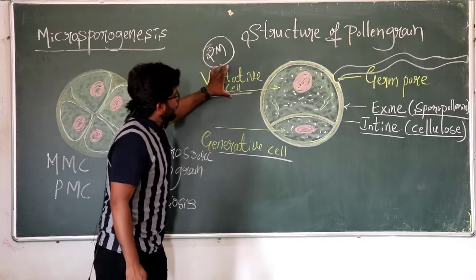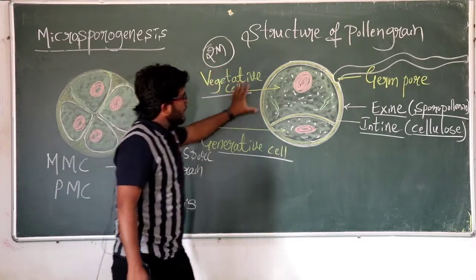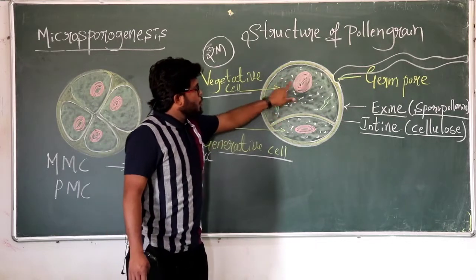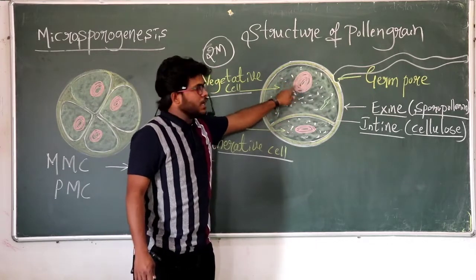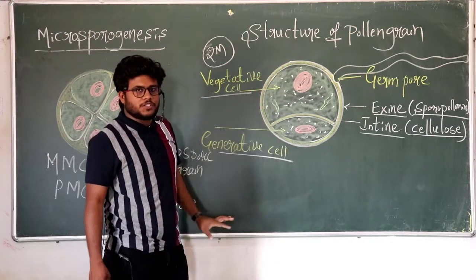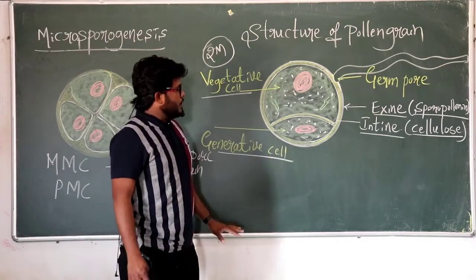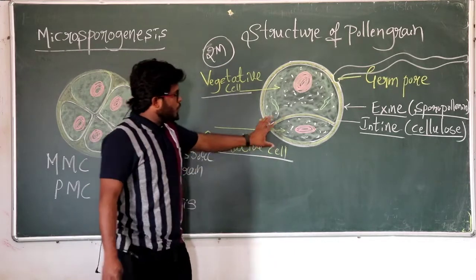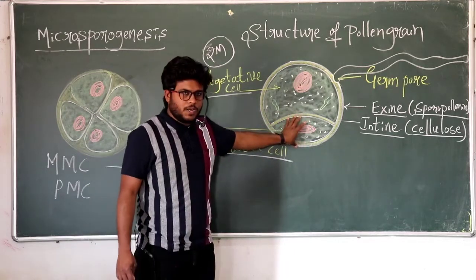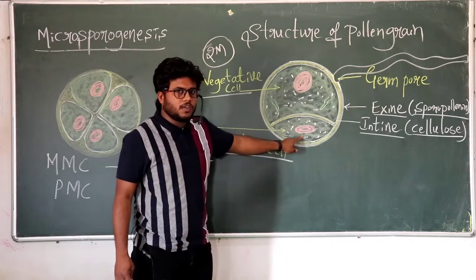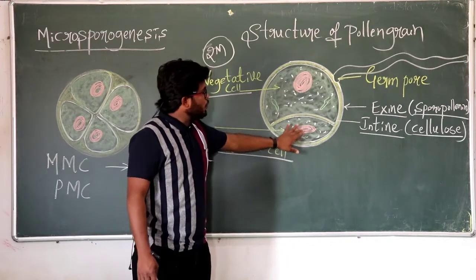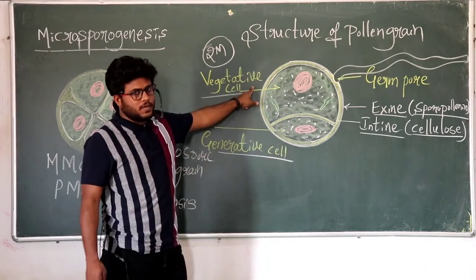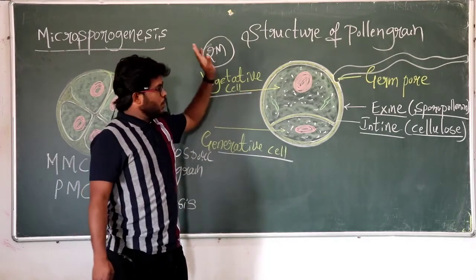The vegetative cell is the large portion of the pollen grain, which has a large irregularly shaped nucleus. The generative cell is small and spindle shaped, with a prominent nucleus floating inside the cytoplasm of the generative cell.